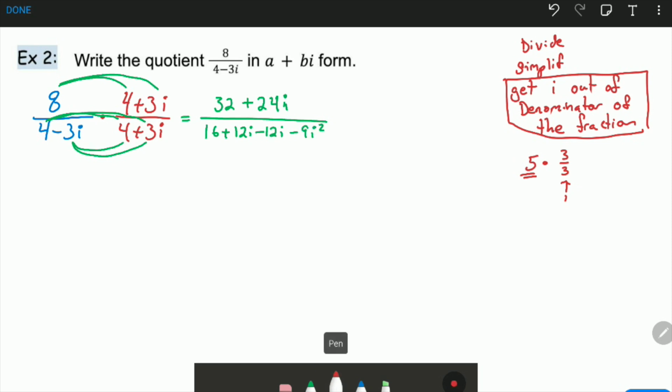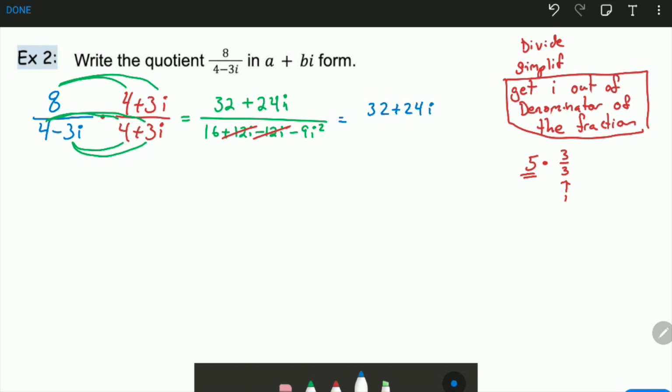Again, remember that since the bottoms are conjugates of each other, those middle terms can cancel out, and you can actually use the shortcut I mentioned previously. The top you would try to simplify, but nothing can be combined up top, and there's no i squareds. So in the numerator, we're going to be left with 32 plus 24i.